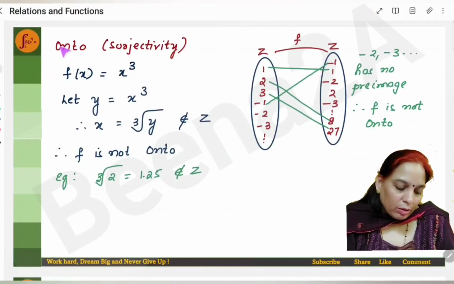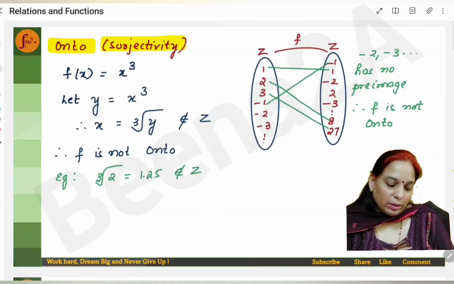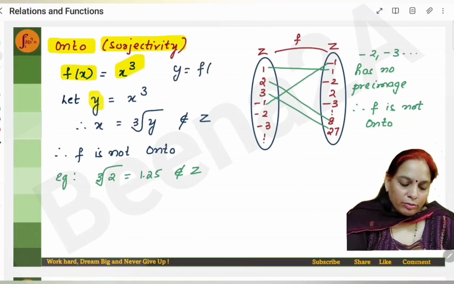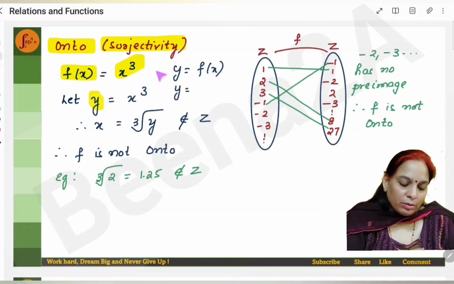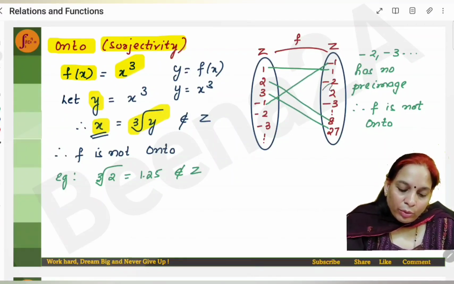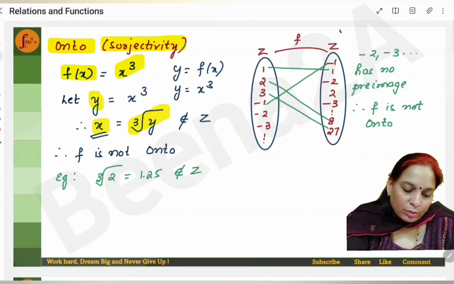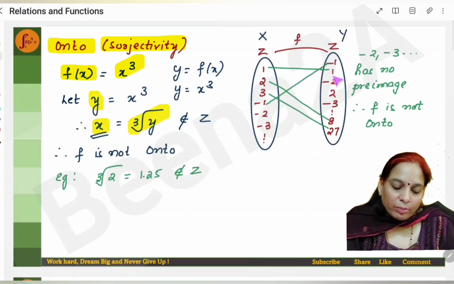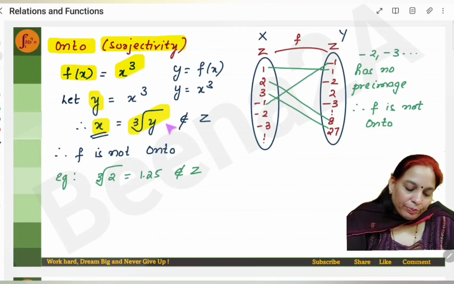Now let's look at onto, or surjectivity. We'll assume f of x is equal to x cube, and y is equal to f of x. That means y is equal to x cube, which means x is equal to cube root of y. Now in this set Y, y can take both positive and negative numbers.